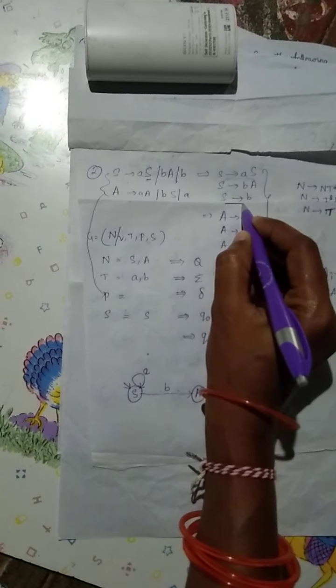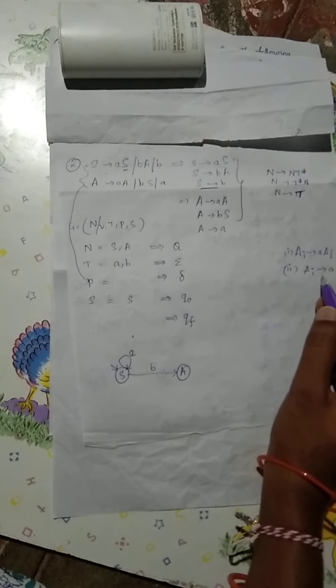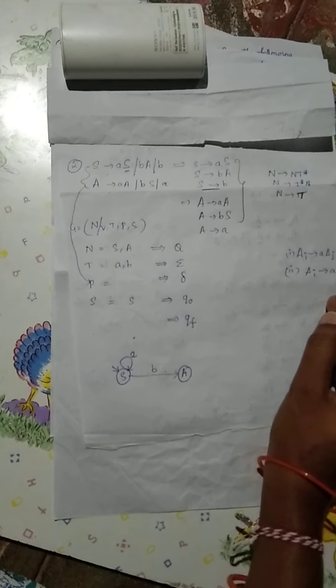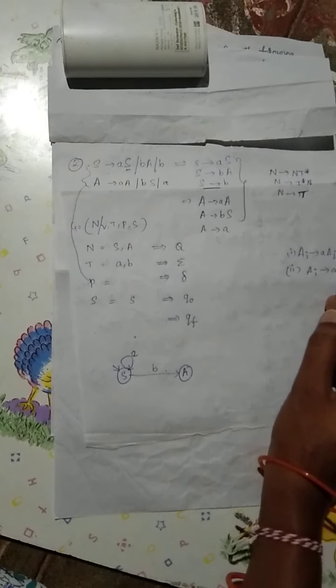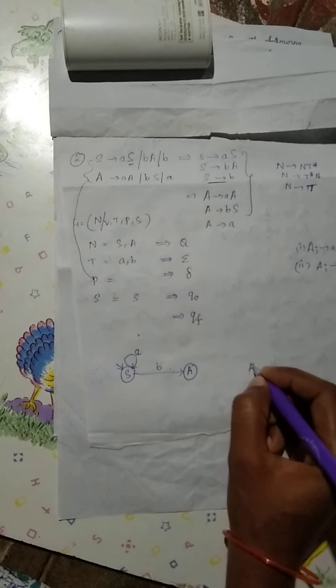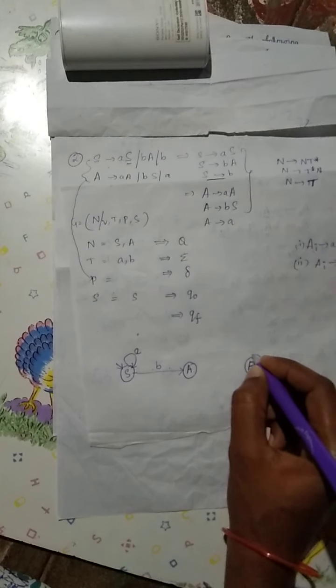Now this is in the form of the second rule, that is one non-terminal tends to a single terminal symbol. If it is in the form of A tends to a, the second rule, we have to take one new state in the automata, because we don't have any non-terminal on the right side. Now we are taking F as the new state, and this new state acts as a final state in your automata.